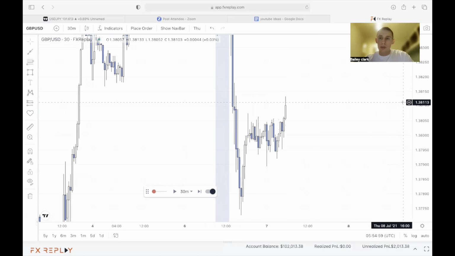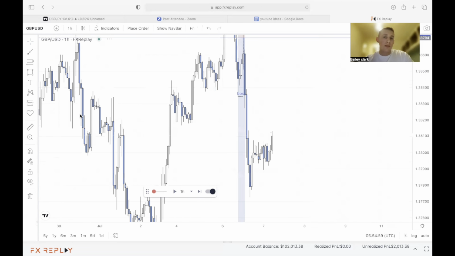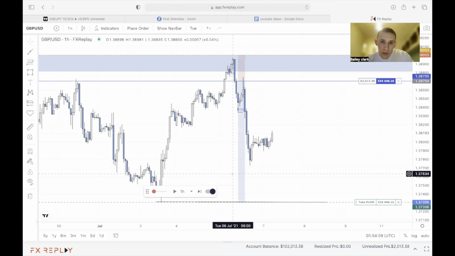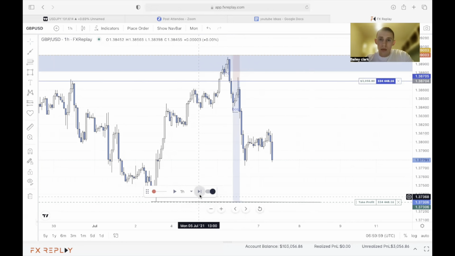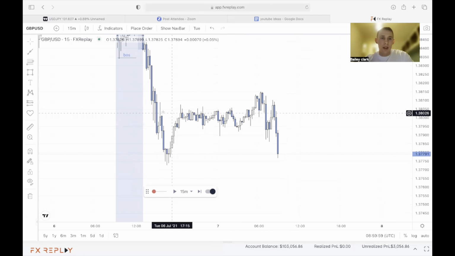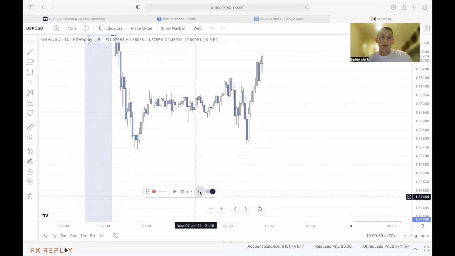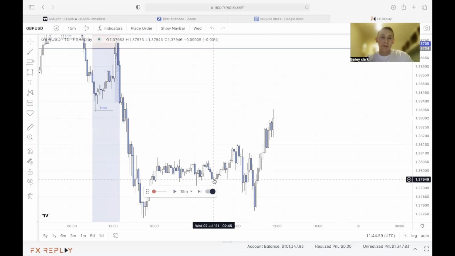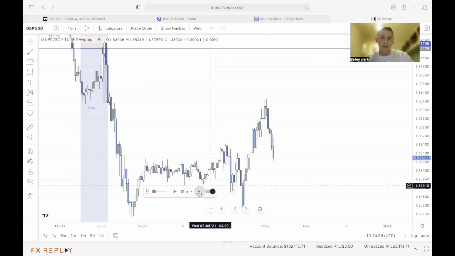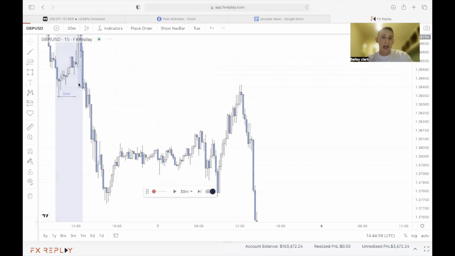Okay, so we want to do a bigger retracement. I think that's the end of the pullback. This level wasn't really valid for me, so that's not a new scaling. Oh well, it's going to continue higher anyway. Yeah, no valid scaling there anyway.